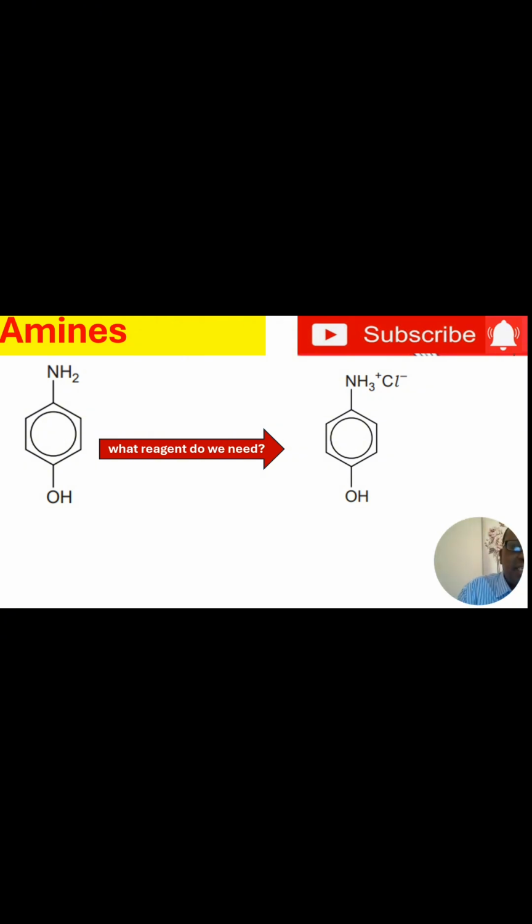Okay, you can see that the phenol group has remained the same. So what has changed? What has changed is the top.